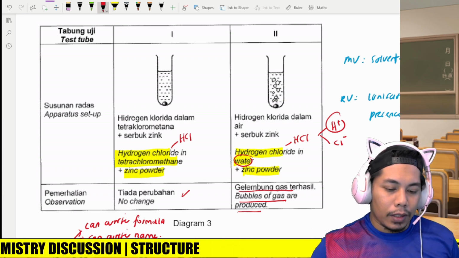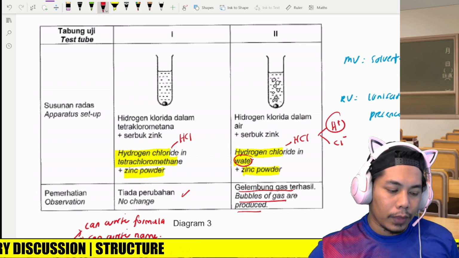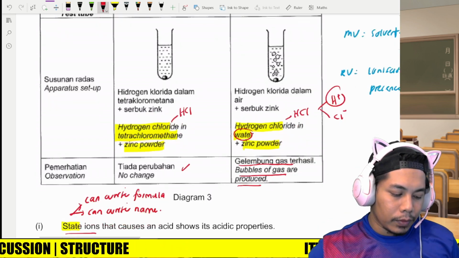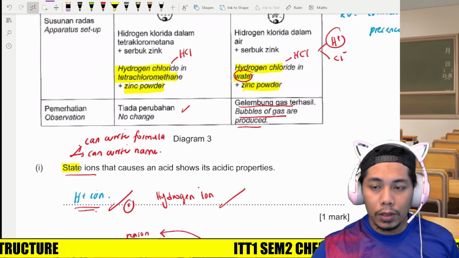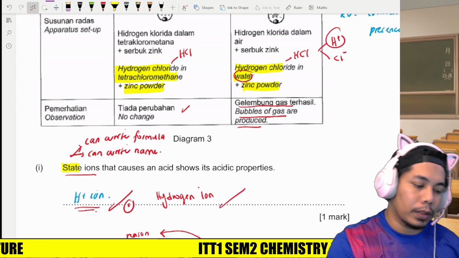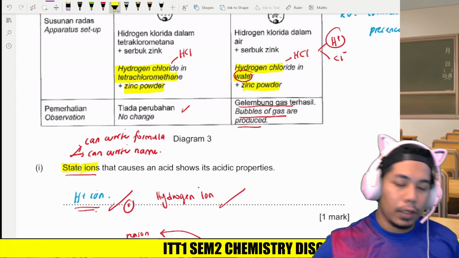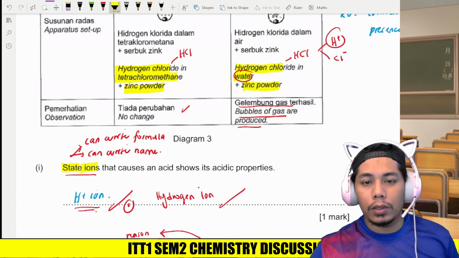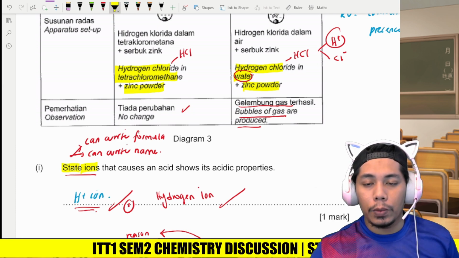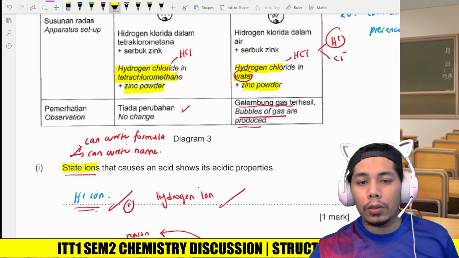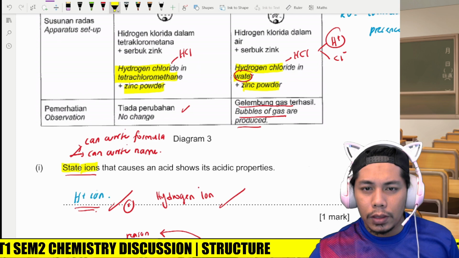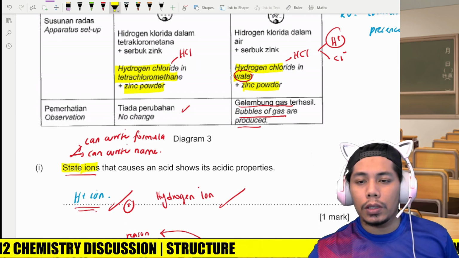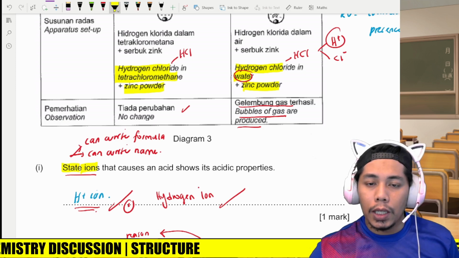Okay, so sekarang ni dalam soalan ini, kita tengok soalan nombor 1. Okay, state ions. Tengok betul-betul soalan, dia tanya pasal ions. State ions that causes an acid shows acidic properties. Apa yang menyebabkan ion apakah dalam acid yang menyebabkan dia menunjukkan acid properties? So hydrogen ion.